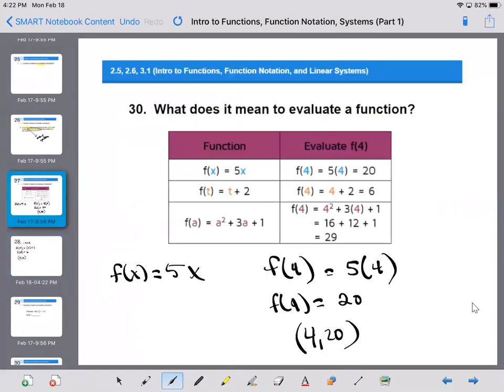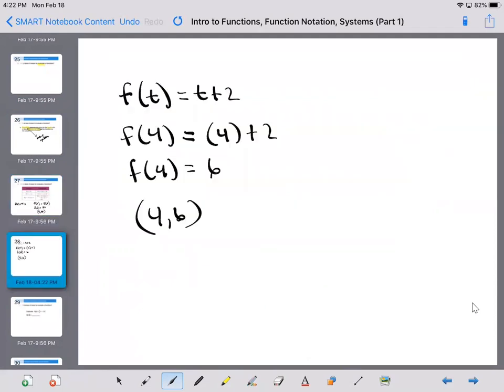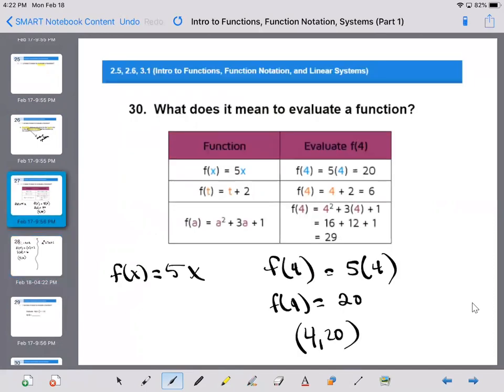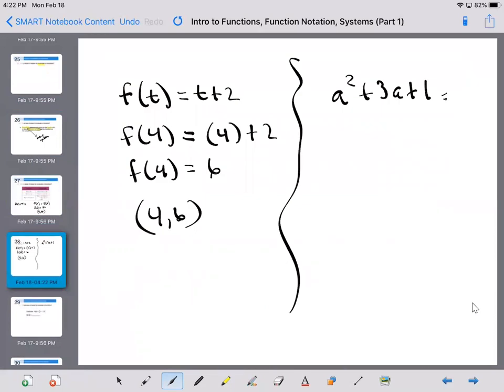And then a squared plus 3a plus 1. And if we notice, that was f of a, so I can put the function notation on the right side if I need to. And if I use f of 4, then that would be 4 squared plus 3 times 4 plus 1.